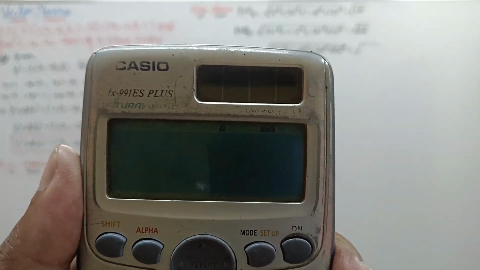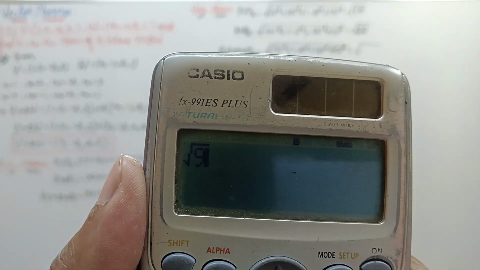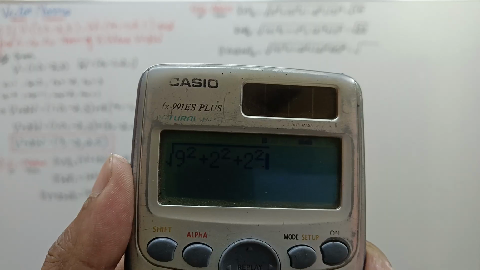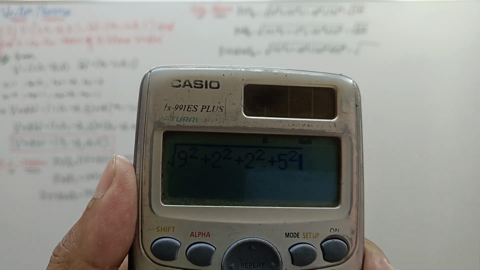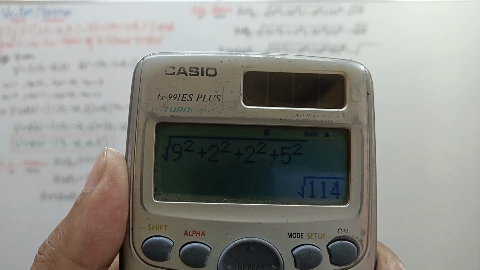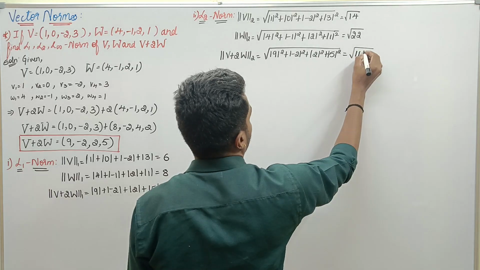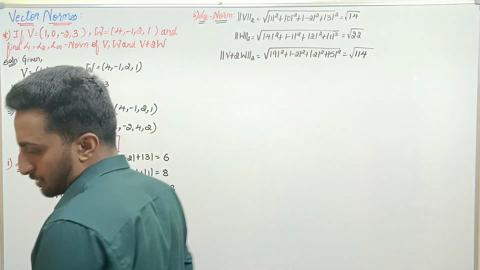Again take the square root of 9 square plus 2 square plus 2 square plus 5 square, get square root of 114. This completes L2.